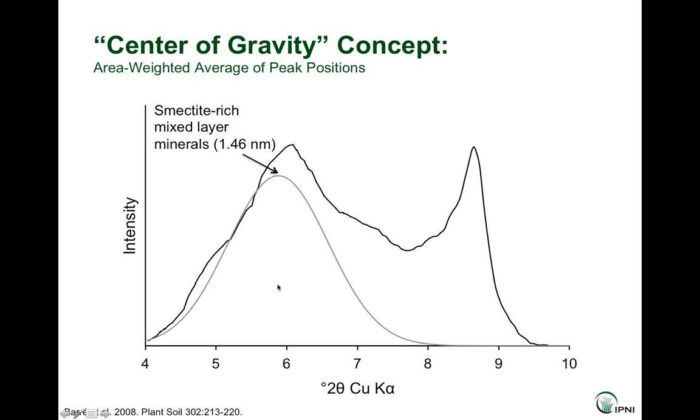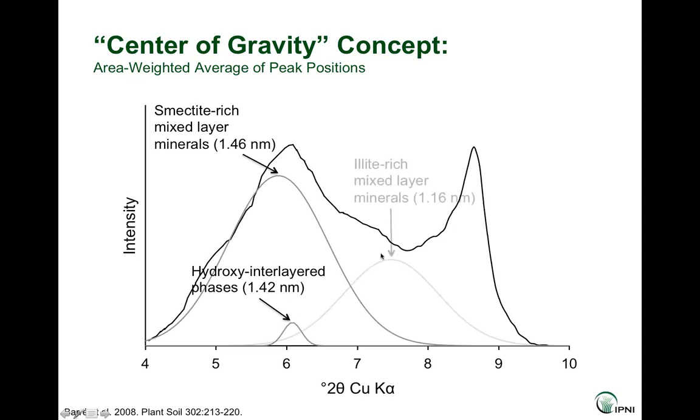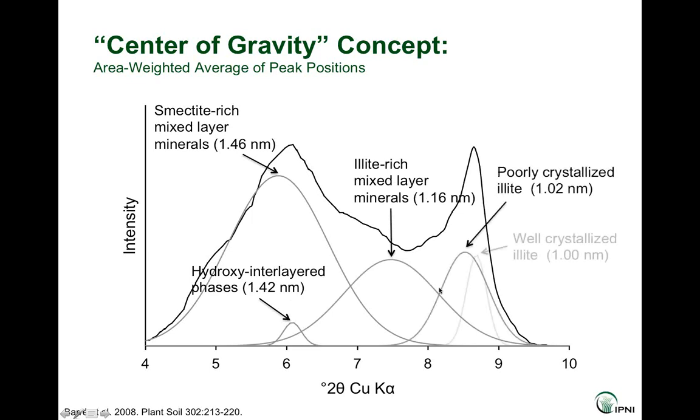This other little peak here can be decomposed into a hydroxy interlayered phase. So we keep going and we look at other minerals that may be possible. Here we get to an illite-rich mixed layer mineral, a poorly crystallized illite, and then a well-crystallized illite. So all these peaks added together can reproduce this spectrum.